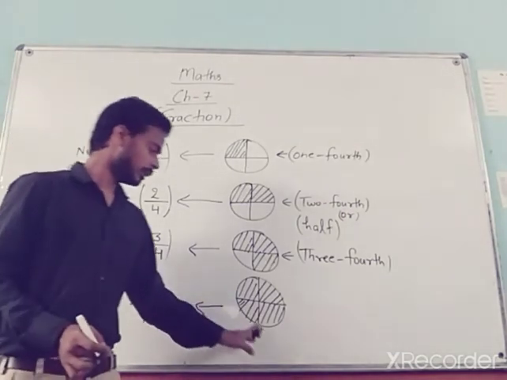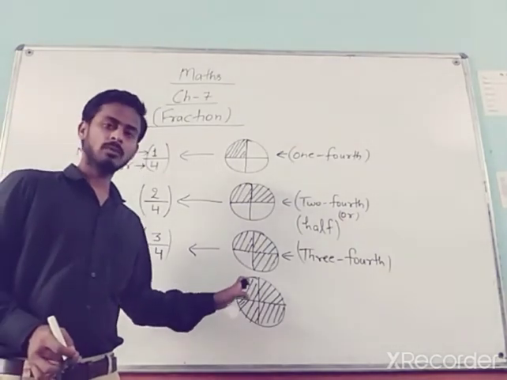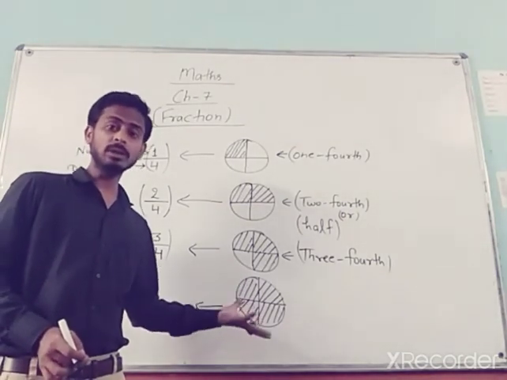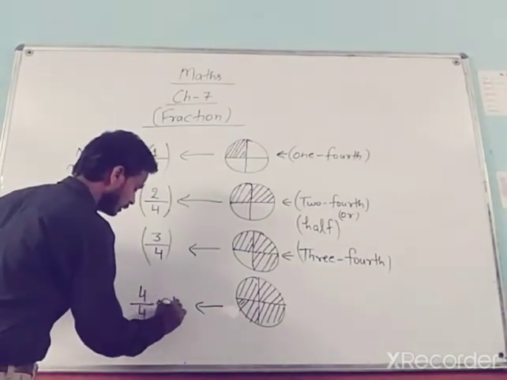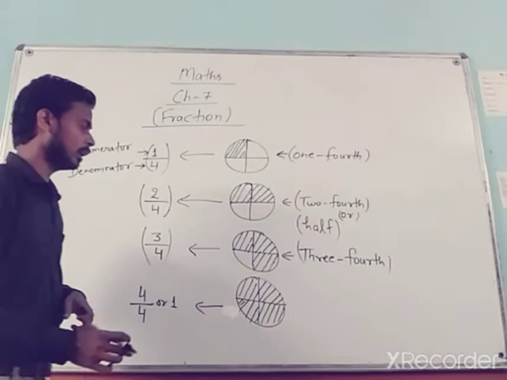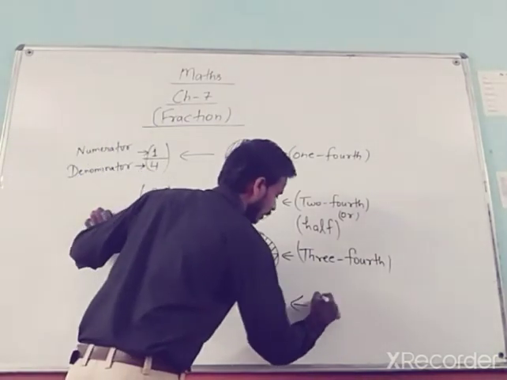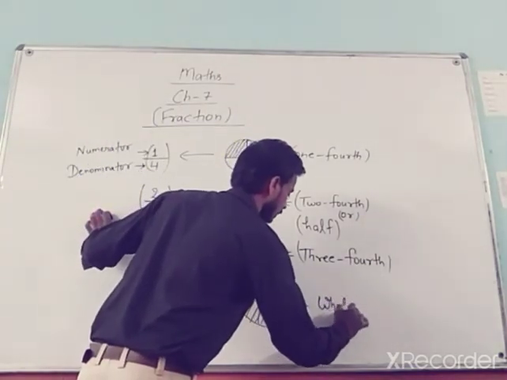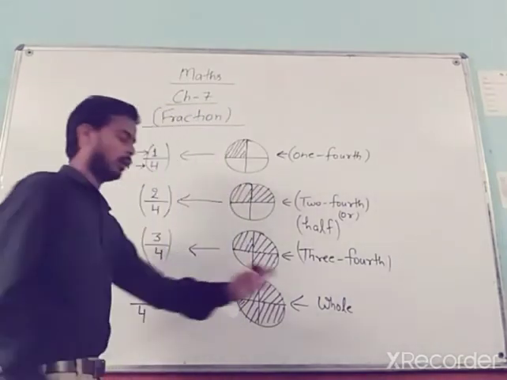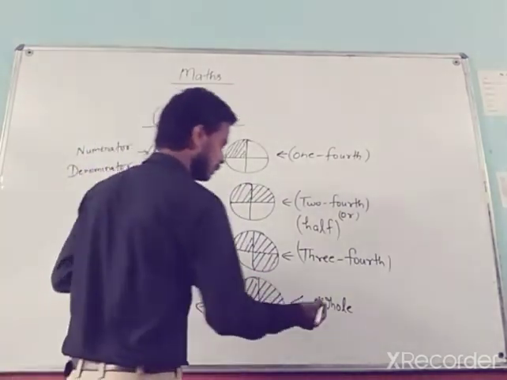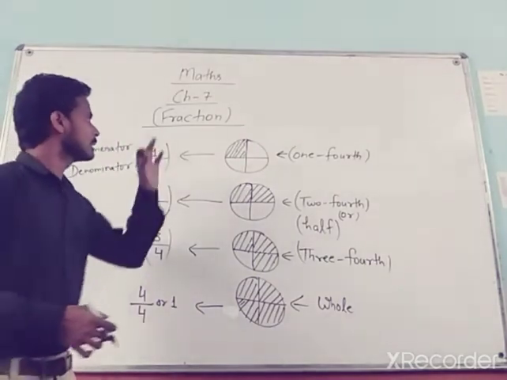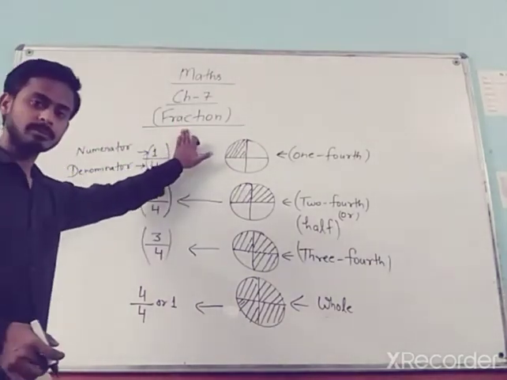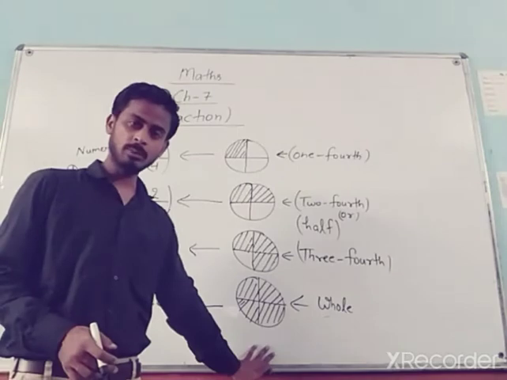See, if you take 4 parts, it means a complete whole number now. So it can be written as 1. 4 by 4 is 1, and it is called 1 whole part. See, 1 whole or whole, both are the same. Okay, whole. Clear?